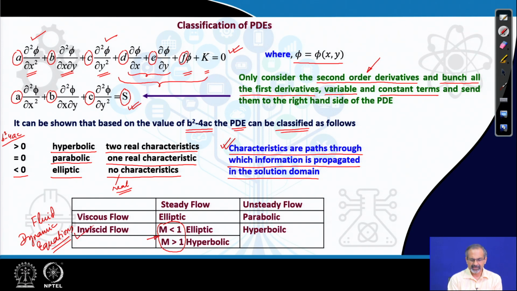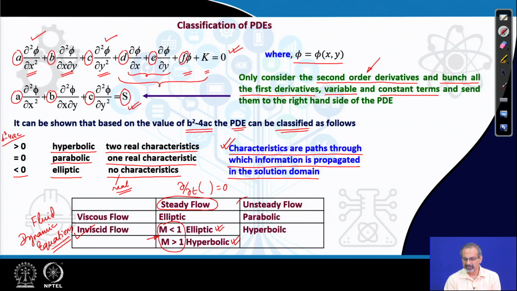When the flow is inviscid, then a subsonic Mach number flow, when it is of a steady kind, you may recall that the time derivative terms in such equations go to 0, and then the equations behave in an elliptic manner. That means there are no real characteristics, no directions along which information can propagate. Probably information will propagate along all possible directions, we will see later. And then in supersonic conditions, it becomes hyperbolic, that means it has real characteristics, 2 of them typically for an equation of this kind.